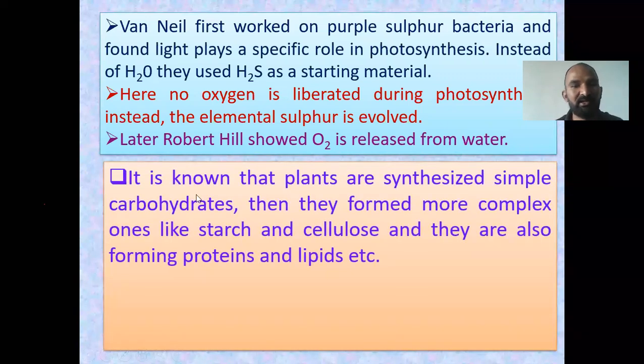Actually, it is known that plants synthesize simple carbohydrates. Okay, simple sugars are prepared by the plants, but after the synthesis of simple carbohydrates, the plants form more complex substances or more complex carbohydrates.